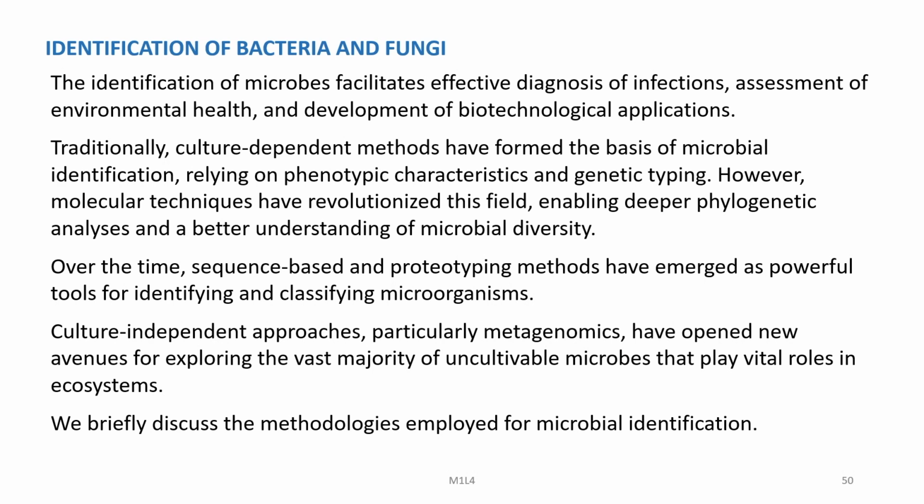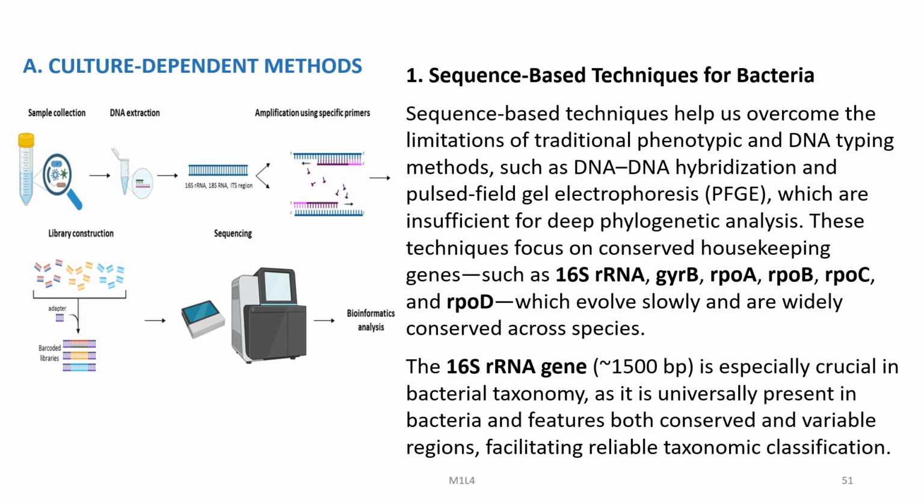We will briefly discuss some of the methodologies employed for microbial identification. The first one is the culture-dependent method. Sequence-based techniques for bacteria, for example, help us overcome the limitations of traditional phenotyping and DNA typing methods, such as DNA hybridization and pulsed field gel electrophoresis, which are insufficient for deep phylogenetic analysis.